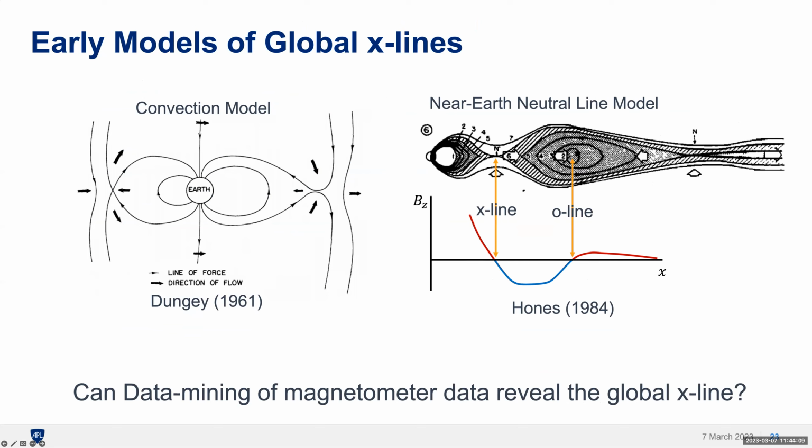And then that would become highly modified with what became the near-Earth neutral line model of substorms. So as dayside reconnection occurs, flux accumulates in the lobes, it stretches the magnetotail until eventually an X-line forms, magnetic reconnection occurs.